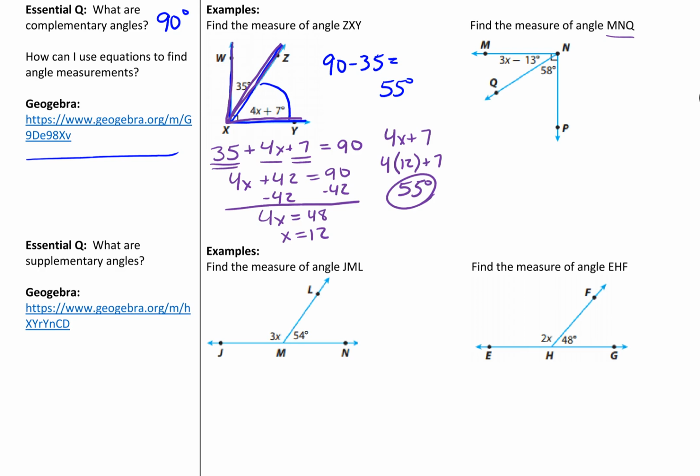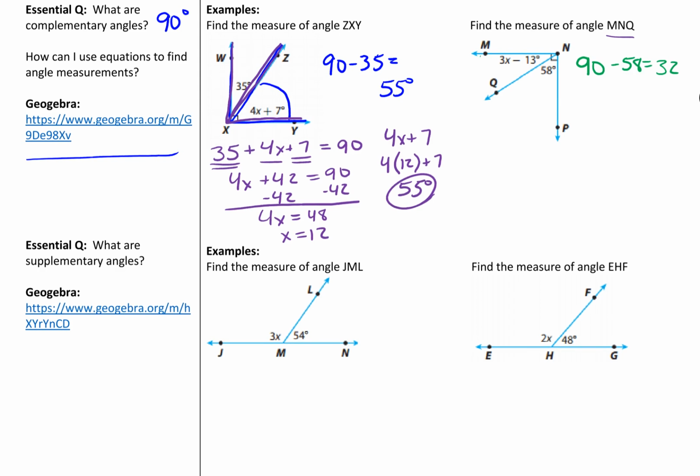Okay, to check what our answer would be, we know that a complementary angle will add up to 90. So if we just subtract the 58 from 90, that gives us an angle measurement of 32. That's the answer that we are going for here. So let's create our equation.